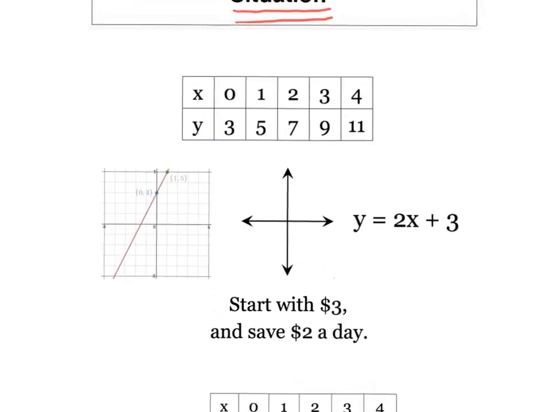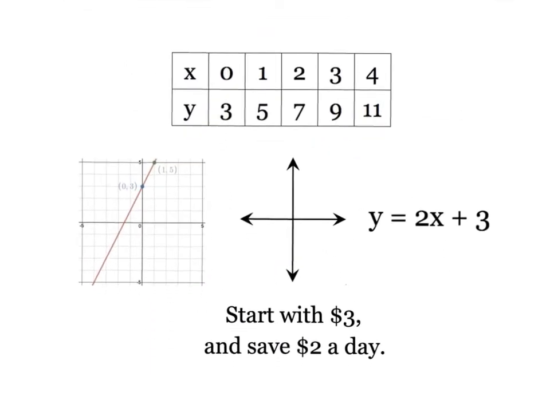Here is an example. At the bottom of the diagram, it says we'll start with $3 and save $2 a day. So there's a starting point, $3, and then we are adding $2 a day to that amount. So on day one, after we've added $2 to it, we would have $5. And after day two, we would add $2 to it, we'd have $7.